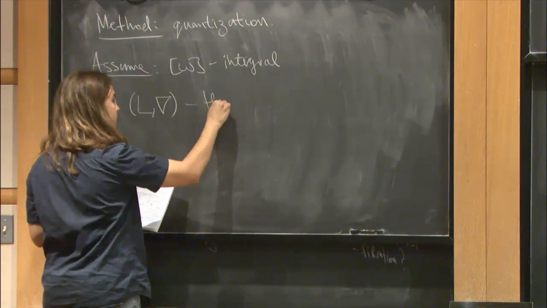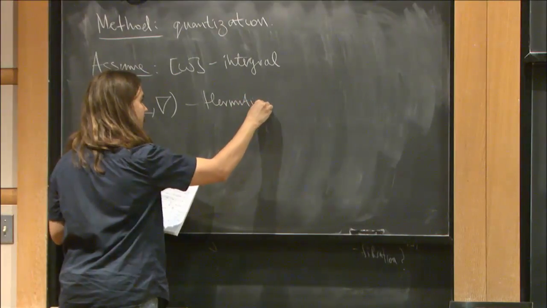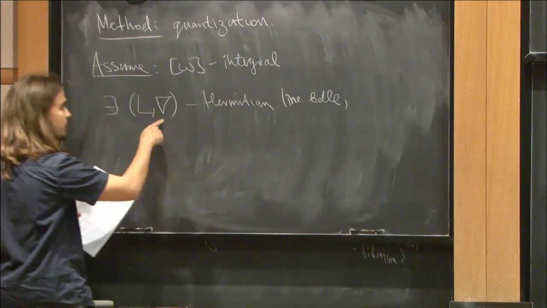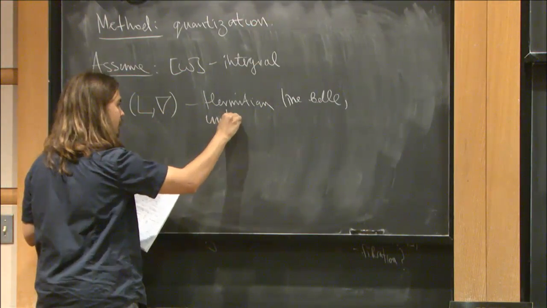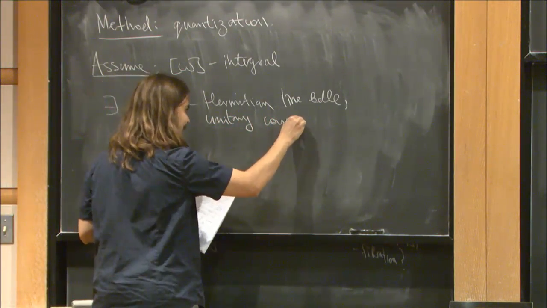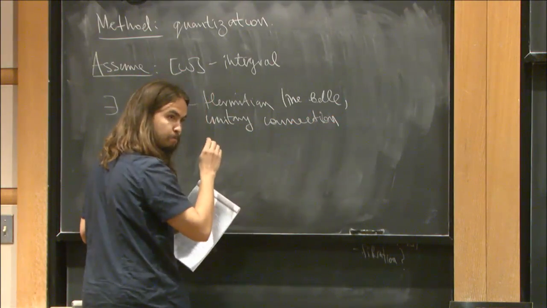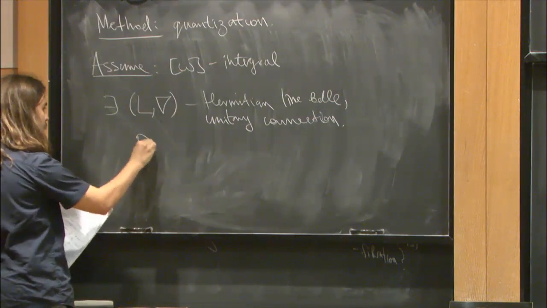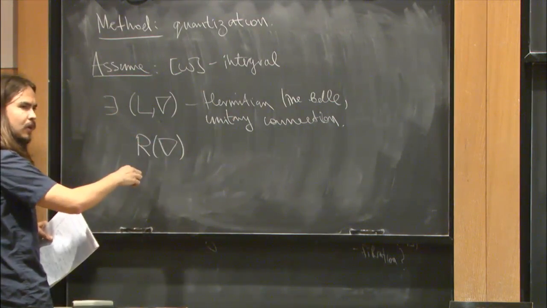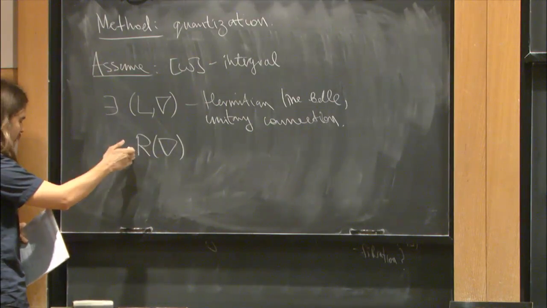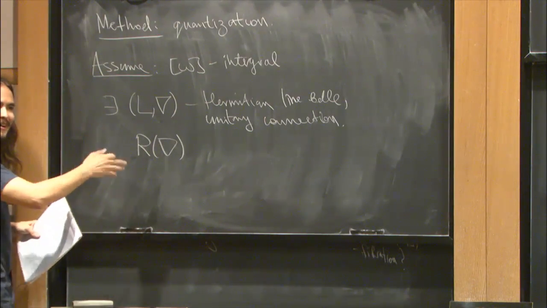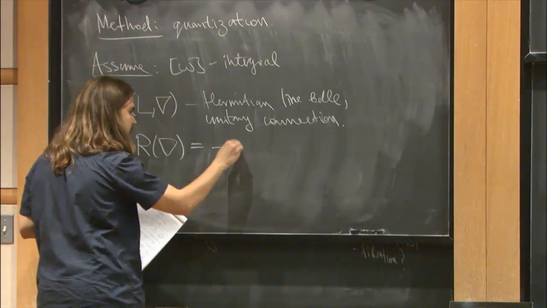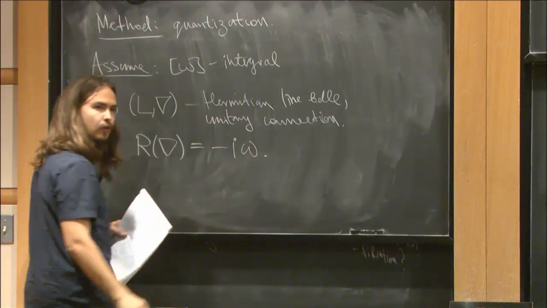This is a Hermitian line bundle equipped with nabla, which is a unitary connection, such that R of nabla, the curvature of nabla, normalized by 1 over 2 pi, I ignore 1 over 2 pi everywhere, is minus i times the symplectic form.